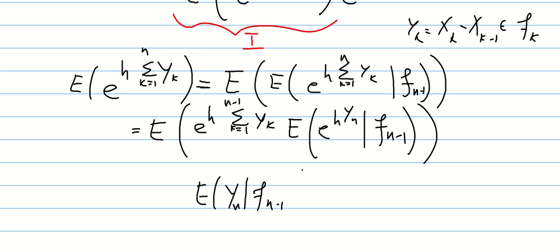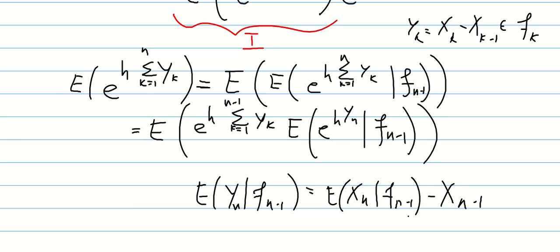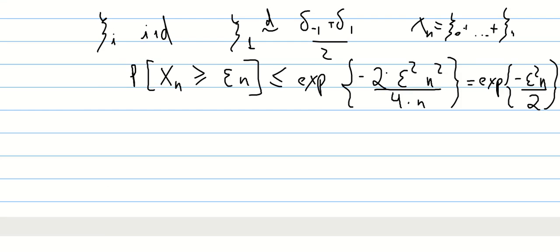Sorry, yn. This is going to be the expectation of xn given F_{n-1} minus the expectation of x_{n-1}, but x_{n-1} is measurable. But this, by the martingale property, is exactly 0. So we have the good hypothesis we need. We also know that yn is between an and bn. This is a hypothesis of the current theorem.